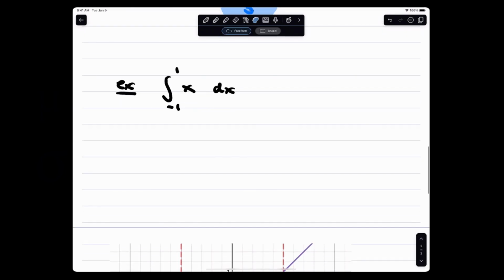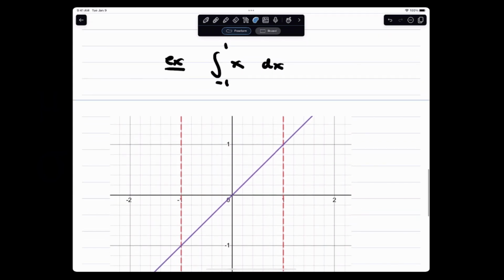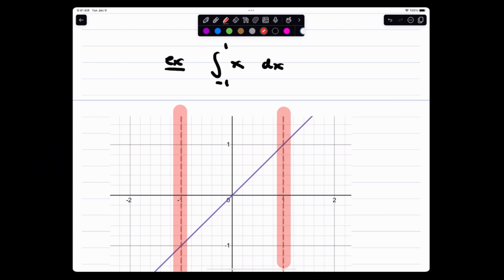So let's take a look, right? Remember, this is a graph of y equals x right here. And then the limits, you got a lower limit being what? -1, okay? So you're going to have that vertical line, +1. This is the curve in purple.